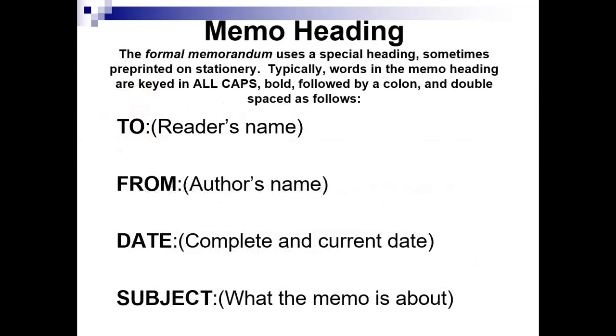This is the typical memo heading and format, where you start from TO, FROM, DATE, and SUBJECT. This format is usually given by default in the organization. Everything in the memo heading is kept in capital letters, like TO, FROM, DATE, and the subject line, because this is the memorandum heading style we usually come up with.